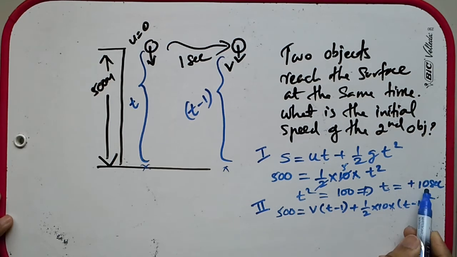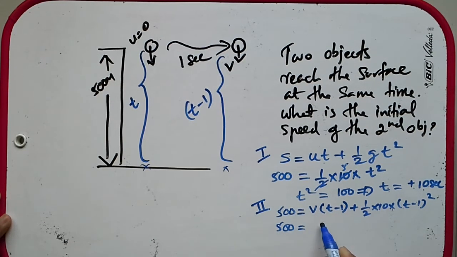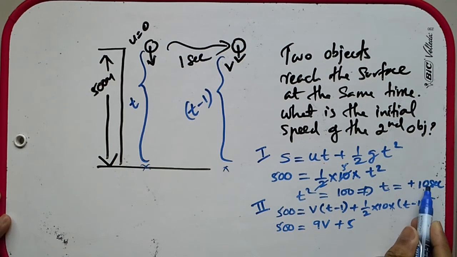What is t? We found t is 10, so I can replace it here with 10. So I will get 500 equal to 9v plus 5 times, t minus 1 is 10 minus 1 which is 9, 9 squared is 81.